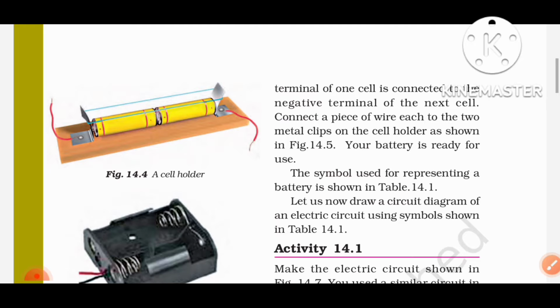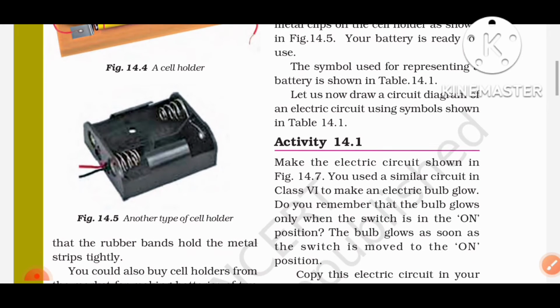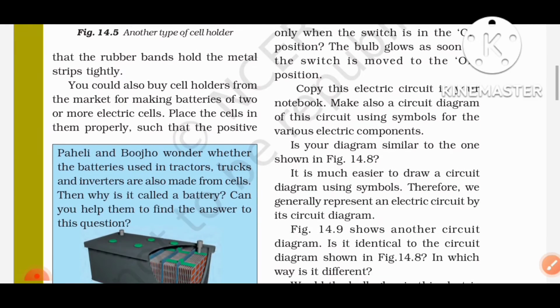Your battery is ready for use. The symbol used for representing a battery is shown in table 14.1. Let us now draw a circuit diagram of an electric circuit using the symbols shown in table 14.1.